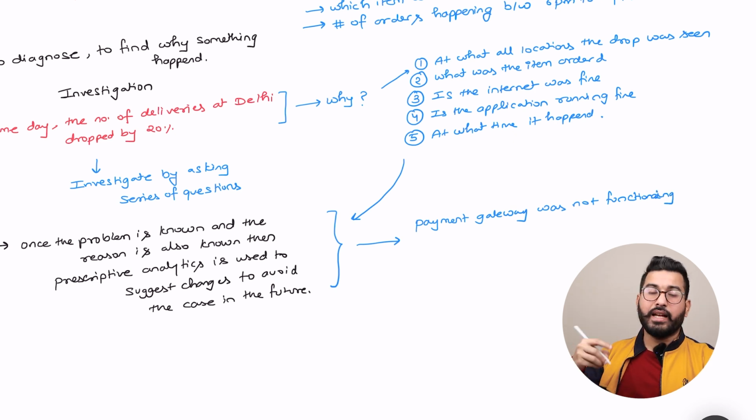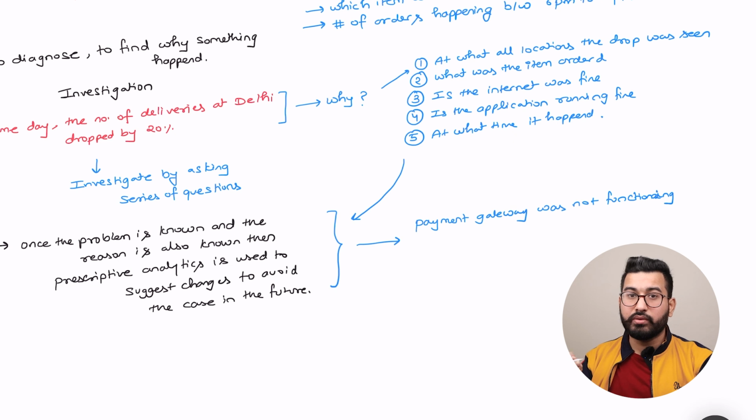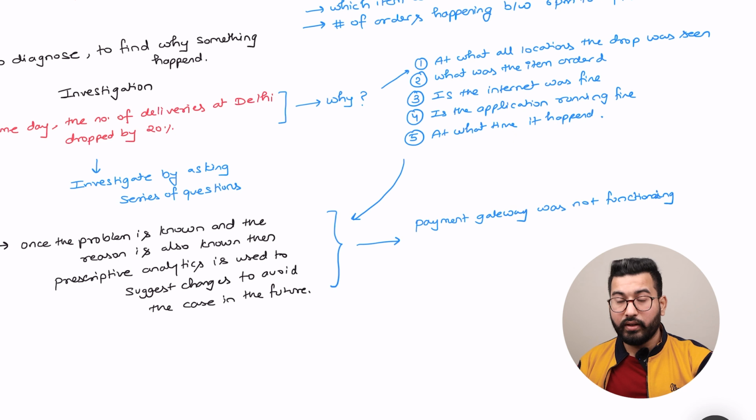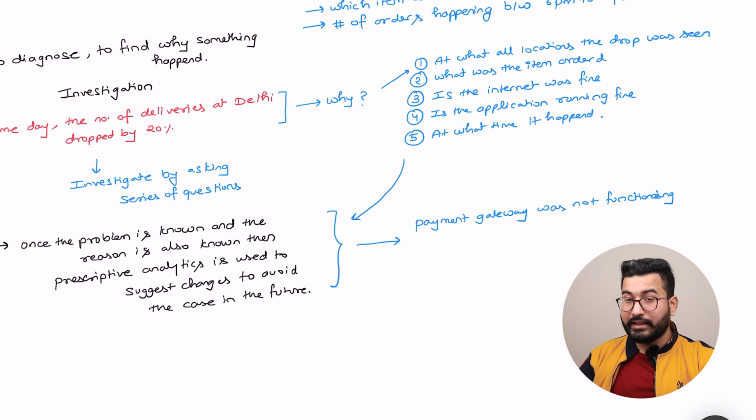Let's say Zomato is using a third party to get the payments done. And let's say the orders were not getting made because people were not able to make payment. And this is the reason why the orders dropped by 20%.